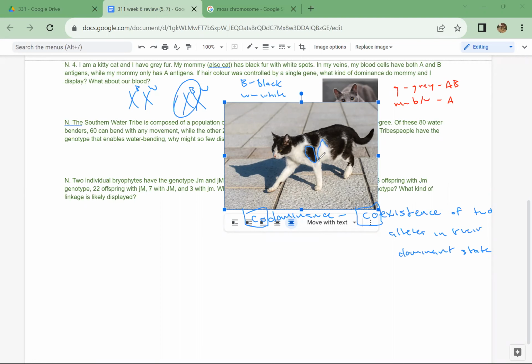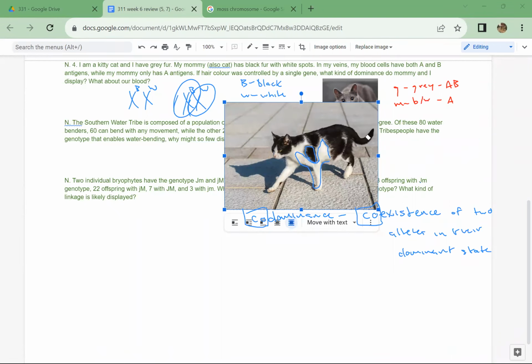And here we have white all around. It is in this region where the white allele is being used for instructions on how a melanocyte will deposit or not deposit pigment into a hair follicle. I'll get into that with me as a kitty.